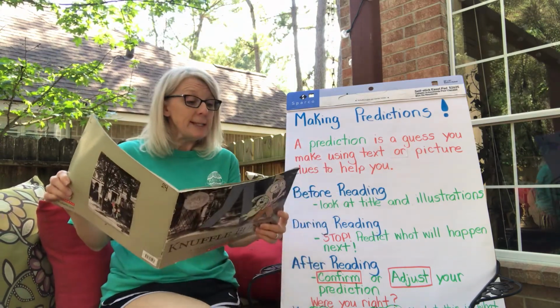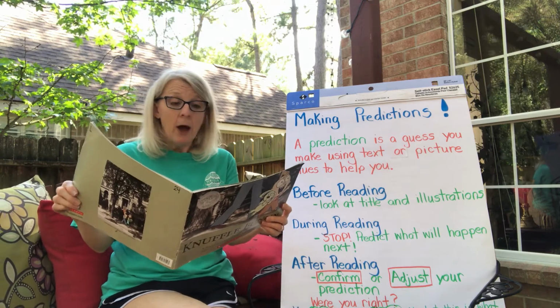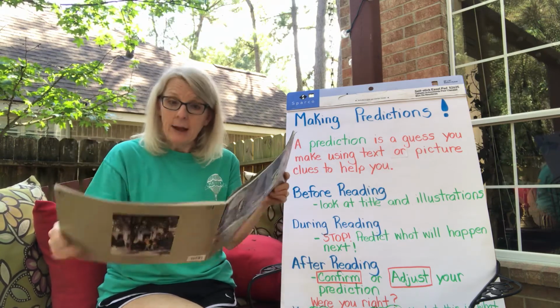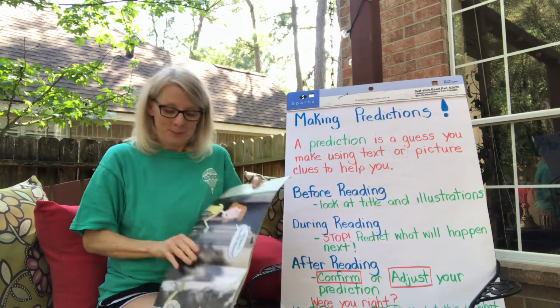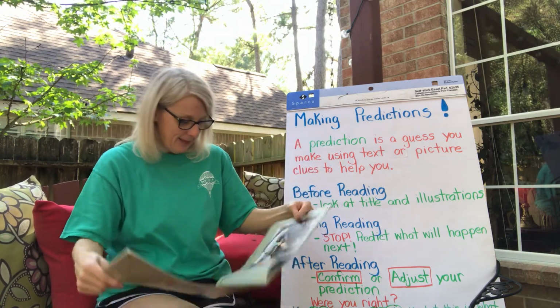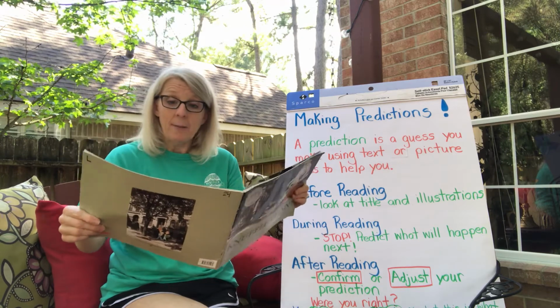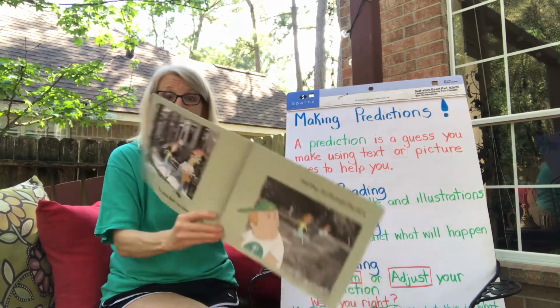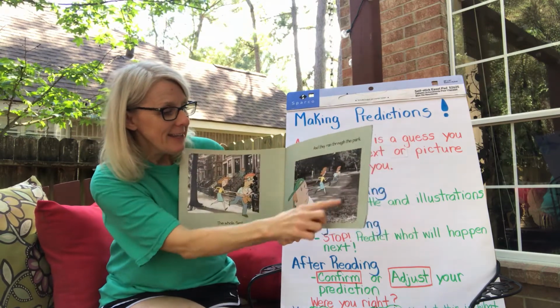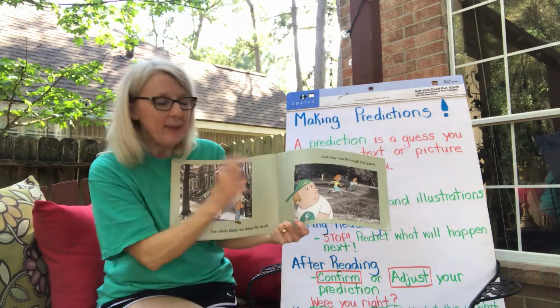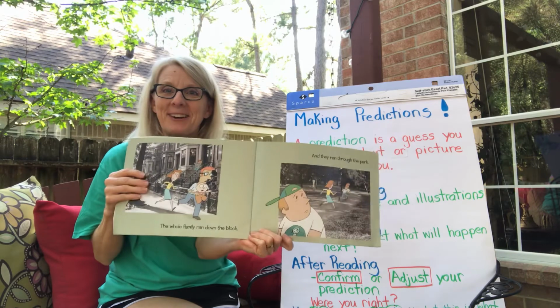As soon as Trixie's mommy opened the door, she asked, "Oh, where's Nuffle Bunny?" Oh, uh-oh. The whole family ran down the block, and they ran through the park. And I'm noticing again that it's real background, and then the characters have been drawn over it. Isn't that cool?